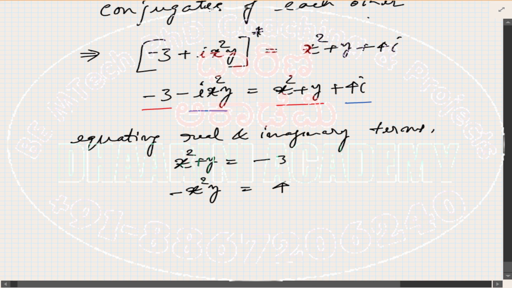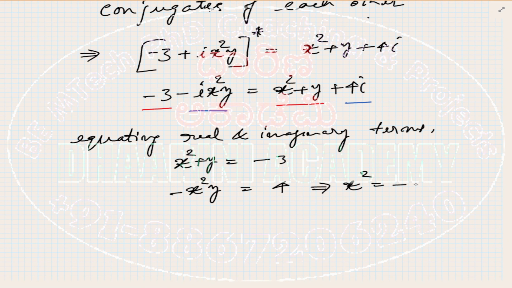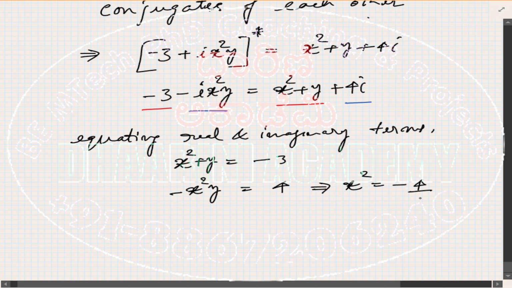So let's try to make a substitution now, because I need to write x squared. This implies x squared should be equal to -4 divided by y, right? So I'll put this in the previous equation. Wherever I see x squared, I put -4/y.